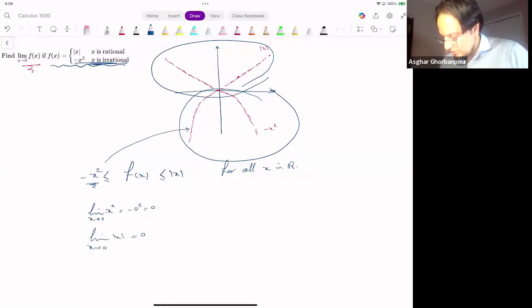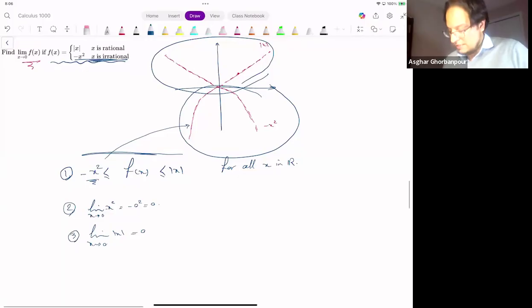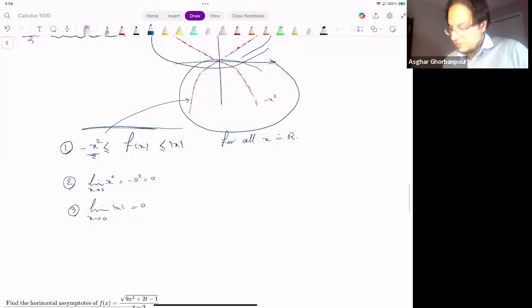This is also 0. Now look, I showed that my function is between two other functions. I showed that the lower function as x goes to 0 has limit 0. I showed that the upper function as x goes to 0 has limit 0.